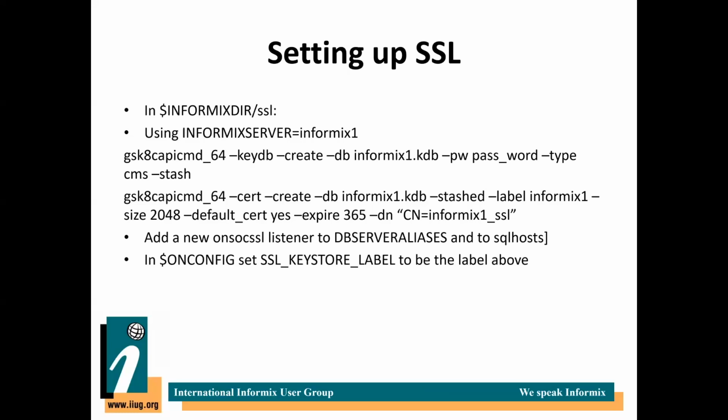Just like our old OnSOC TCP, we just call it OnSOC SSL, and just have a matching name in our DB server aliases. It's just like spinning up a new listener any other way. The other piece we need here is the SSL Keystore label. So this is a field that'll actually tell the things connecting what the server label is. So make sure that matches up with the label you've got above.